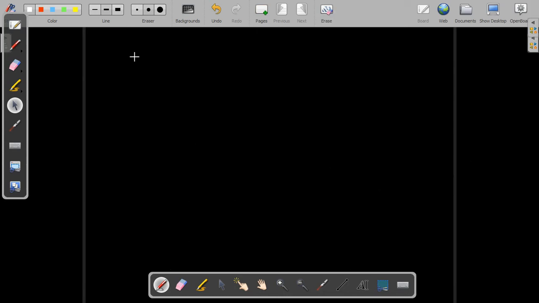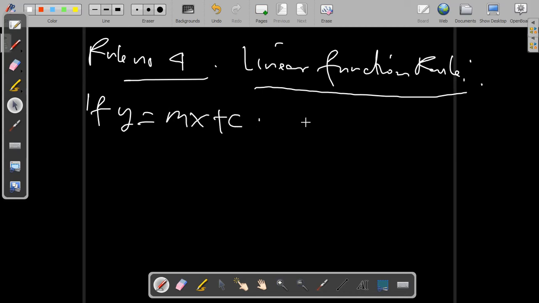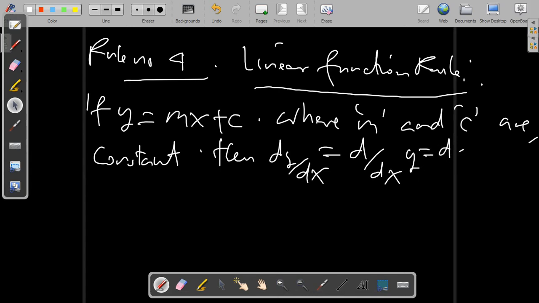Under the linear function rule, if y is equal to mx plus c, whereby m and c are constants, then dy over dx, that is d over dx of mx plus c, is equal to m.